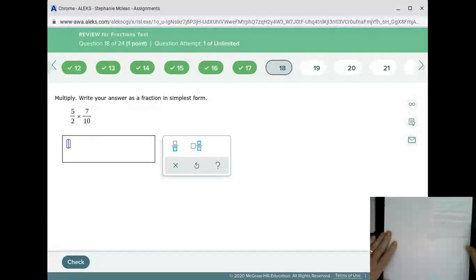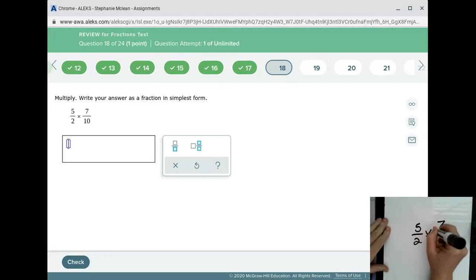Next one, same concept. I have 5/2 times 7/10. So you're going to go straight across. 5 times 7 is 35, and then 2 times 10 is 20.